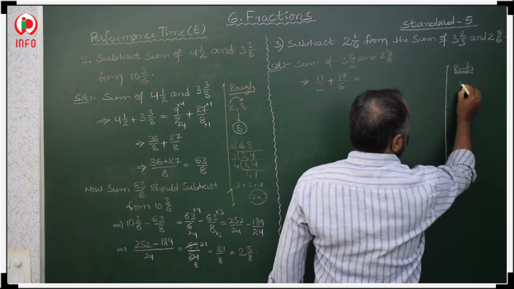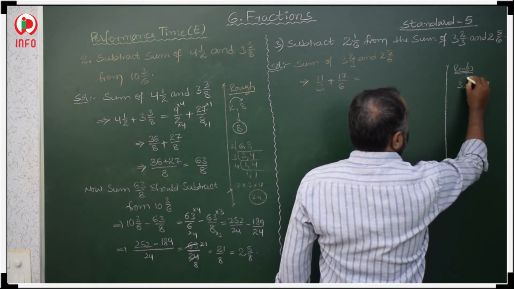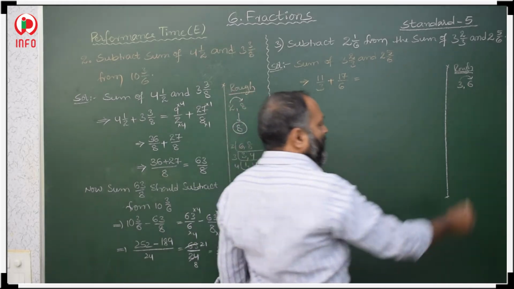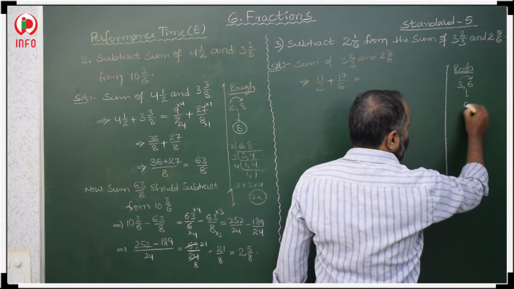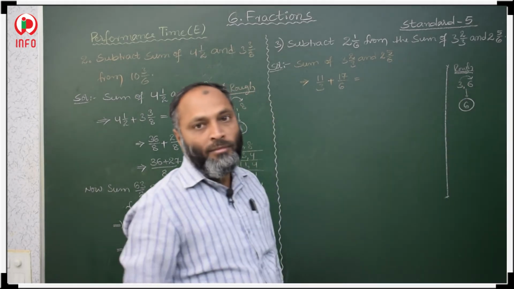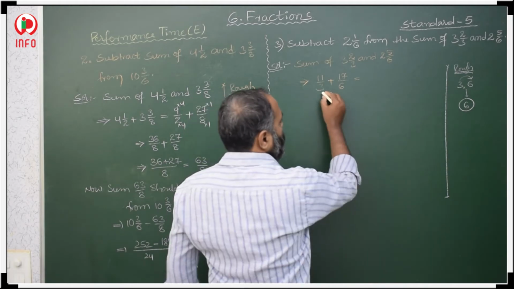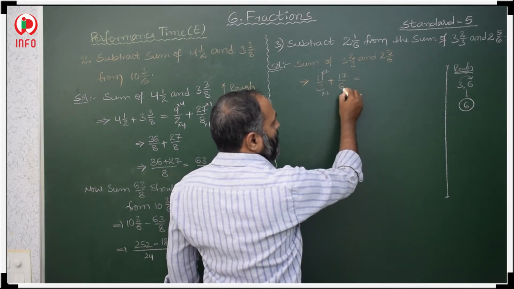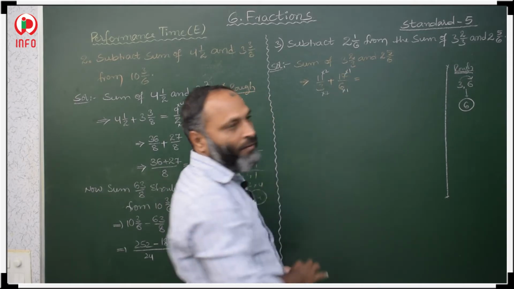For 3 and 6, one number is a factor of the other: 3 twos are 6. Then the largest number is the LCM. 6 is the LCM. In the 3 table, to get 6, multiply by 2. In the 6 table, 6 ones, multiply by 1.